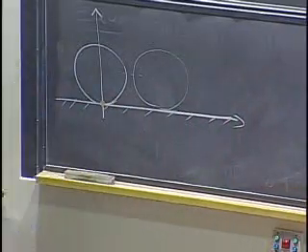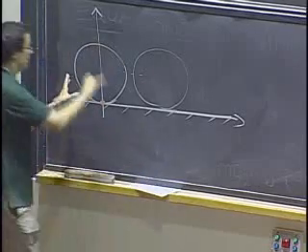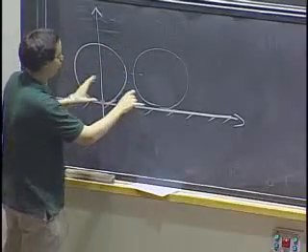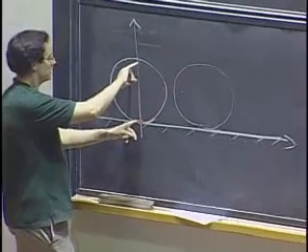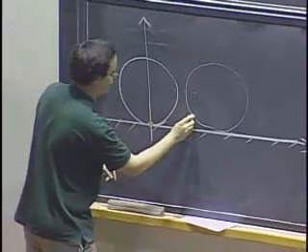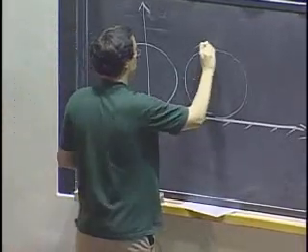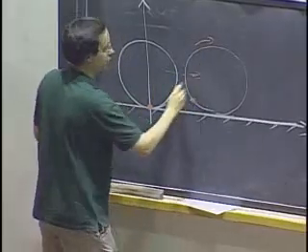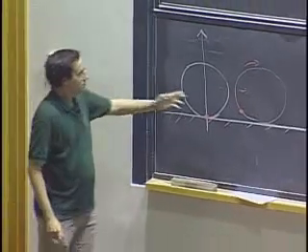And initially, that point is here. So as the wheel starts rotating, of course, it moves forward, and it turns on itself. So that point starts falling back behind the point of contact, because the wheel is rotating at the same time as it's moving forward. And so the cycloid is the trajectory of this moving point.